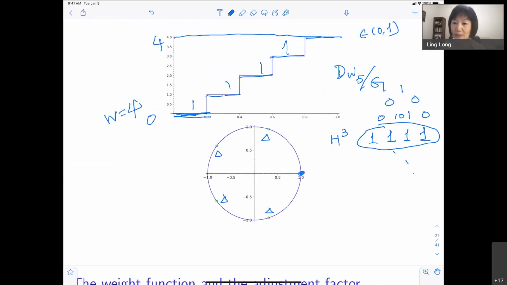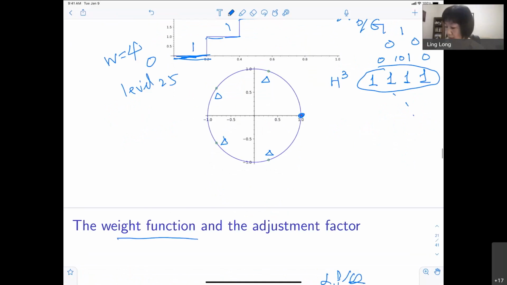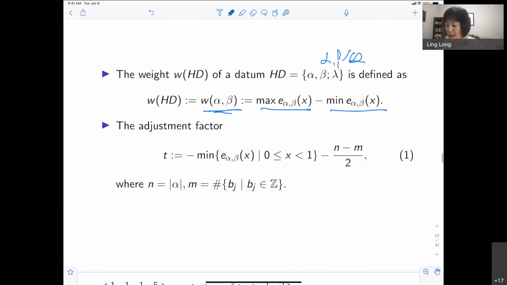All right, so we mentioned in the rigid case, one of the cases for the quintic, which is proved by Scholten, you get a weight 4 modular form, and the level, in that case, is 25. All right, so it's relating to the weight over here. There is also another adjusting factor. This adjusting factor accounts for the T-twist, right?